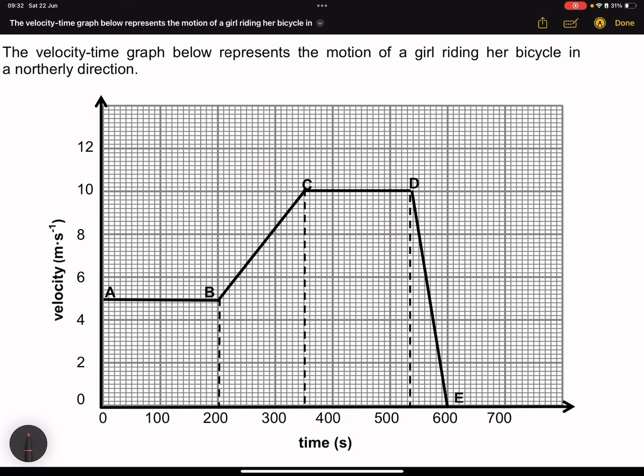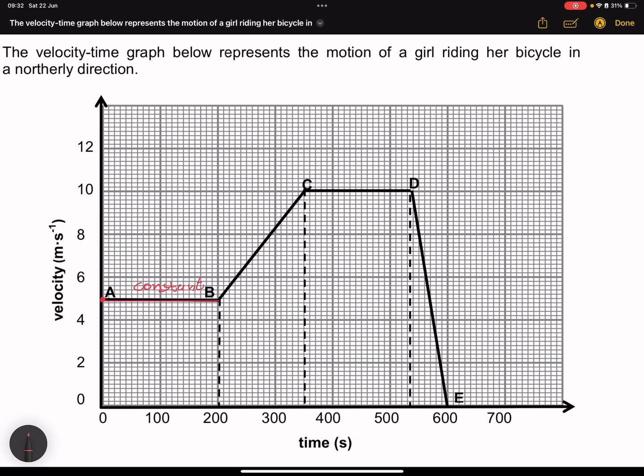When the story began about this girl, can you see that our velocity does not change between A and B? So it tells us she's moving at a constant velocity. Between A and B, her velocity does not change with time. But look at this.